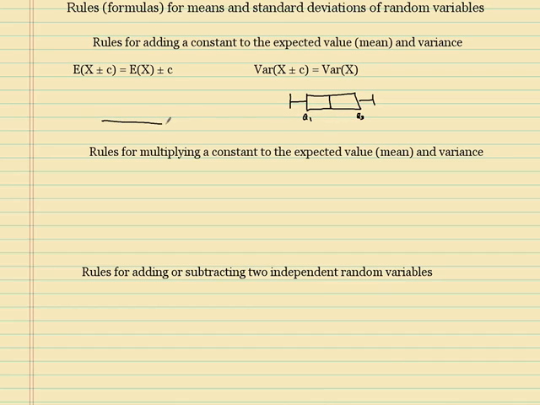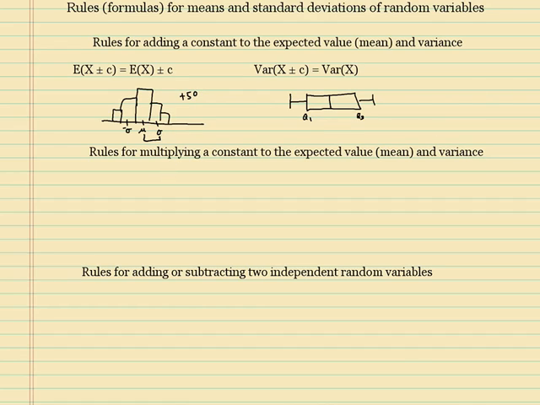Say these were the heights of the men, and this is the negative standard deviation and this is the positive standard deviation. Let's say I add 5 to everybody. This is the standard deviation right there, right?